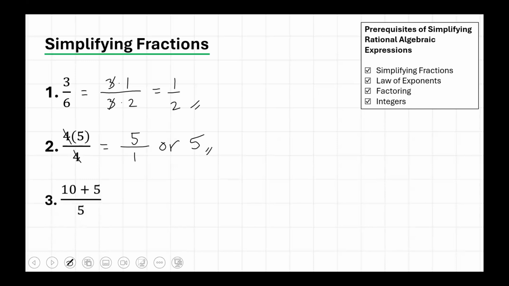For our example number 3, we cannot cancel the 5 right away here because they are still separated by a plus sign. So what we're going to do is factor them out first, or separate them by using multiplication. But how are we going to do that?